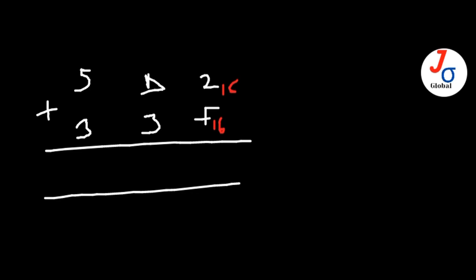A is 10, B is 11, C is 12, D is 13, E is 14, F is 15. So that's 2 plus 15, which is actually 17. So 17 is greater than 16. So 17 divided by 16, what I have is 1 remainder 1. So write 1, then carry 1.